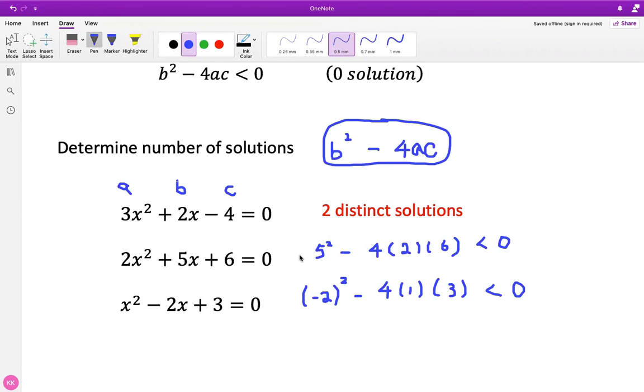So that's why I got no solution for the second equation. For the last equation, we see that we have 4 times 3 on the right-hand side, and on the left-hand side, we have 4, right? So 4 minus 12 gives us a negative number. So I don't expect to see any solutions here. So we don't have solutions for these two examples.